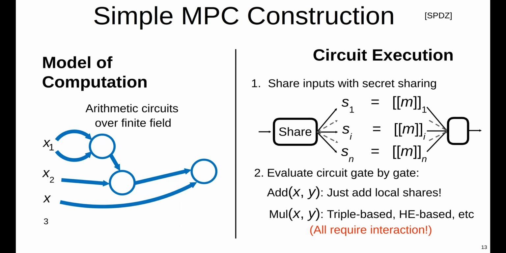But multiplication is the key sticking point in a lot of MPC schemes. Addition is easy, but multiplication is always difficult. And the depth of your circuit, or the circuit complexity, is usually measured in how many multiplicative gates you have in the MPC circuit, right?